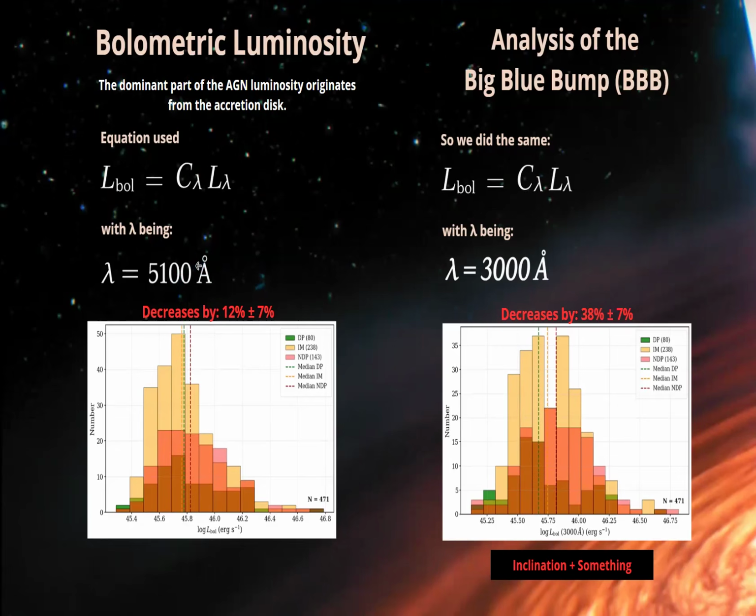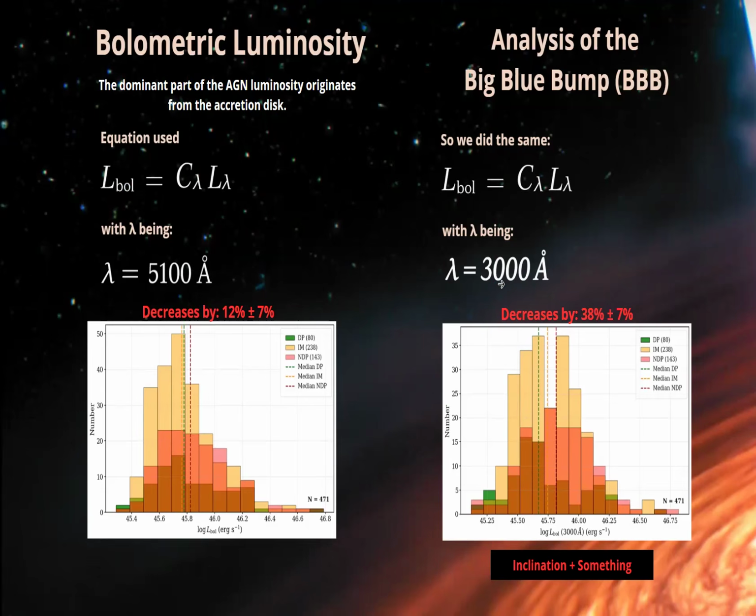To investigate if this behavior remains the same across the whole continuum, we decided to take another spectral region and estimate the bolometric luminosity from it. The chosen region was around this wavelength here, which belongs to the big blue bump. In my opinion, it reflects the accretion disk better than the other region.